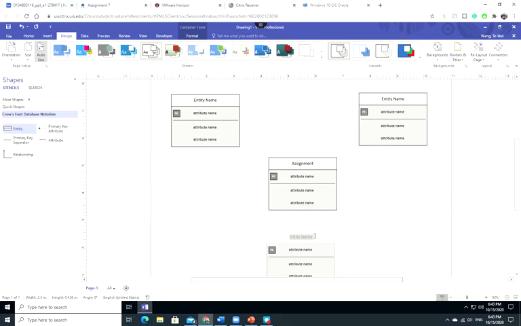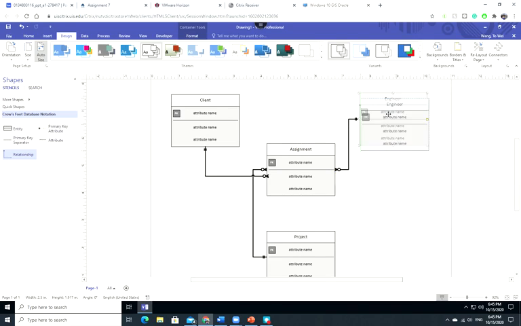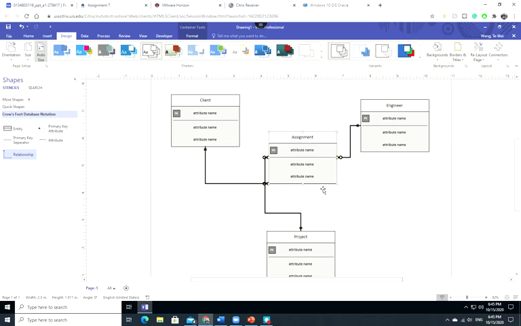I think that part you can easily do by yourself. So we have some kind of project. We have a client. And we have, I think, engineer. Okay, let me double check the problem to make sure that I'm correct. Right.